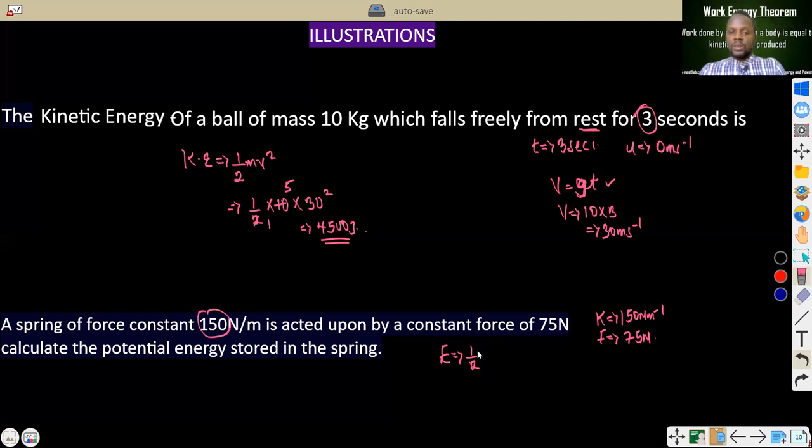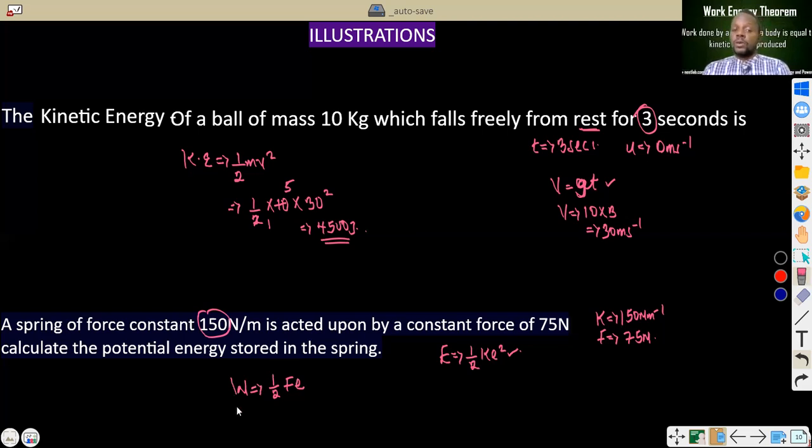So in this case, we are given a force, and we are given the force constant. So we've talked about this for you guys to know. So now half Ke squared or half Fe. Using the concept we have learned, we say work done is stored in form of potential energy. So what we have here is Fe, half Fe, which I have talked about in concept class.